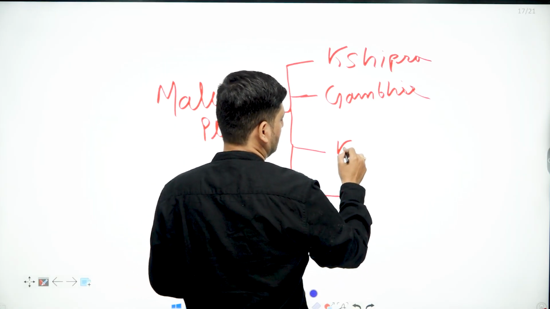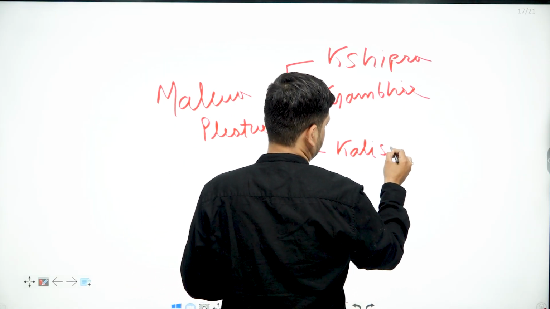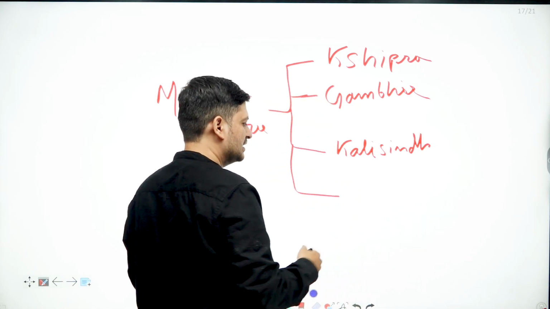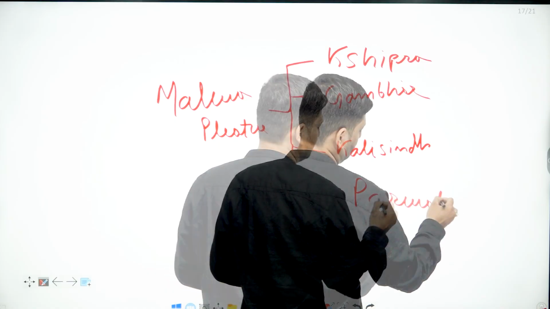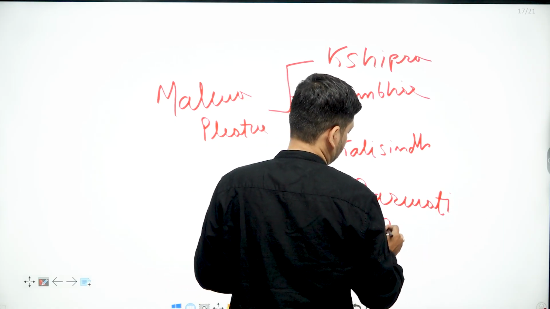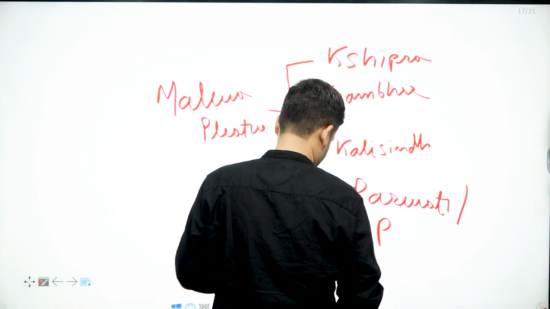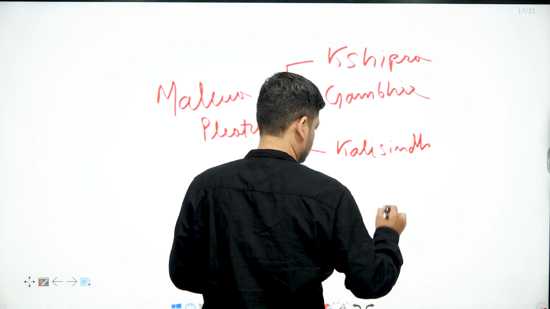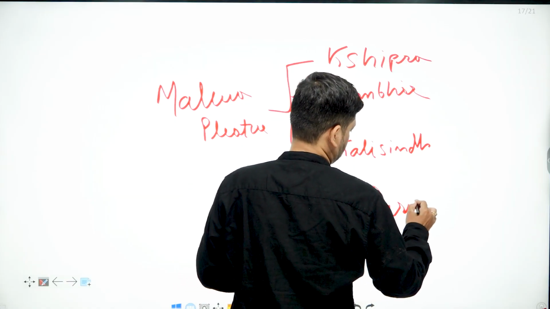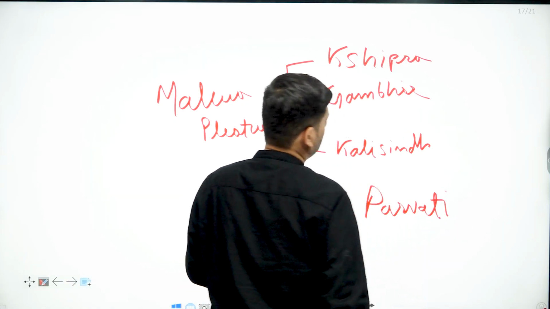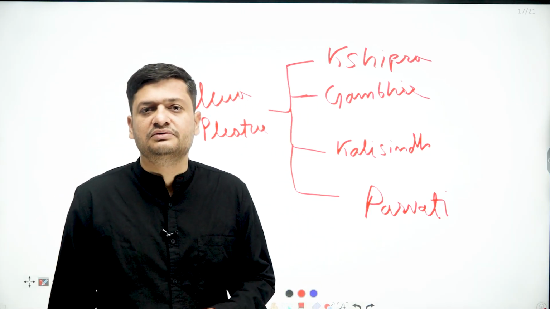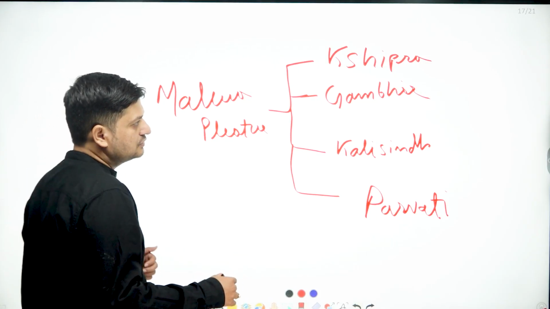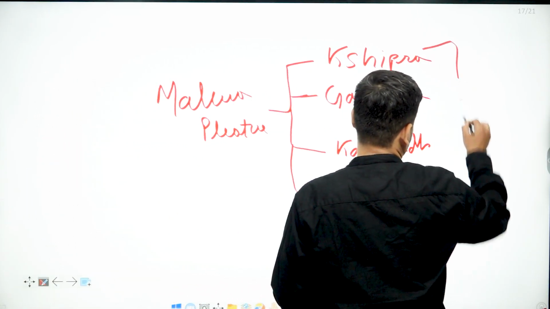Apart from Gambhir, it is Kalisindh. And apart from Kalisindh, the other river is Parvati. So these are the four rivers which were to be linked with the Narmada river.